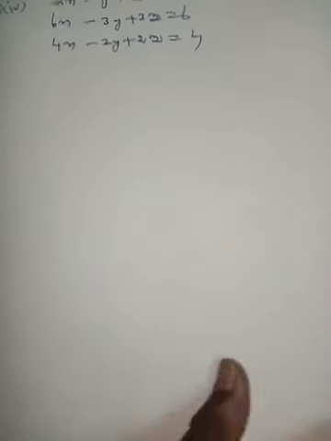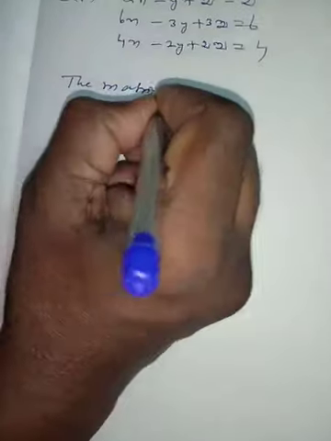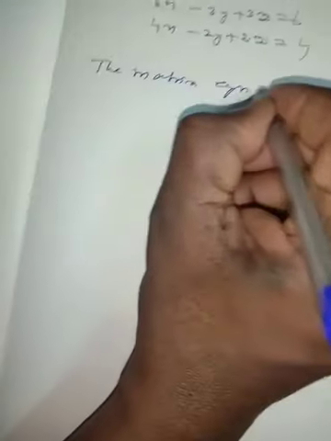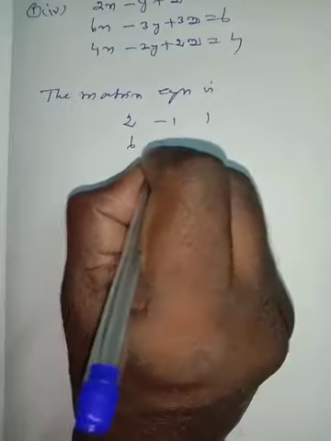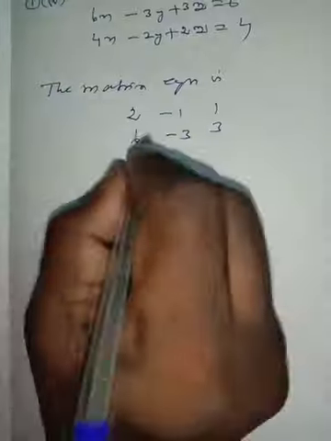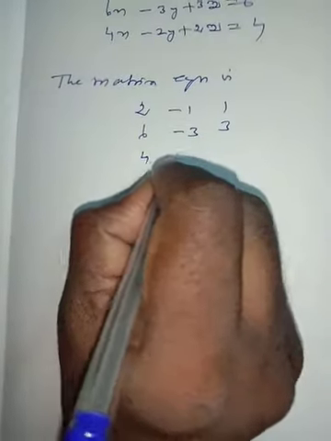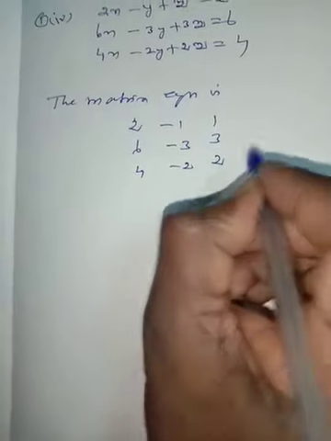The same procedure, how to tackle the problem. First, the matrix equation is AX is equal to B. Therefore 2, minus 1, 1, 6, minus 3, 3, 4, minus 2, 2.